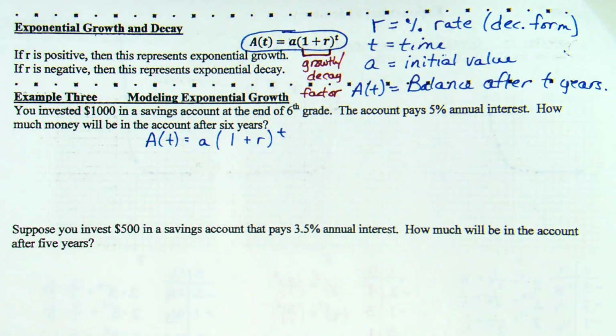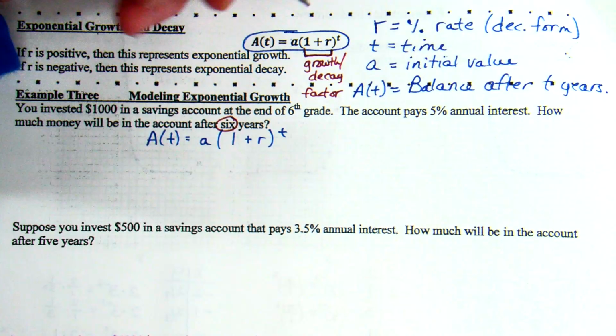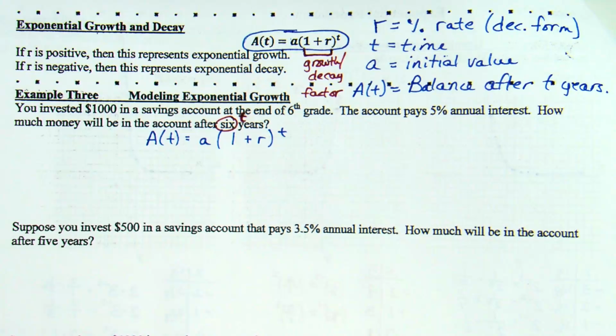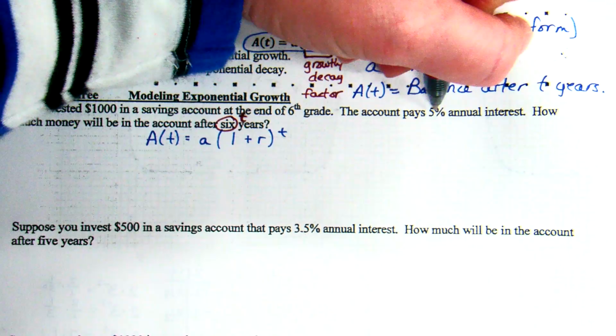What's my time? Okay, right there. Talks about after 6 years. So that means when we talk about t, we're going to be putting in 6. What else? Your percent rate is 5% annual interest. So that's my interest rate. It tells me flat out, yes.